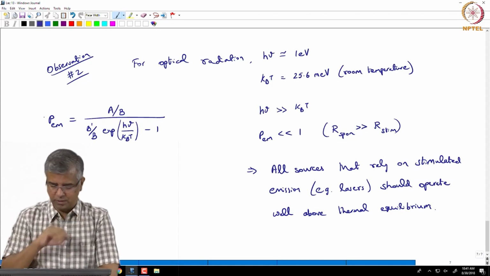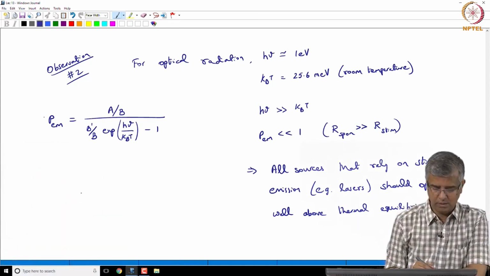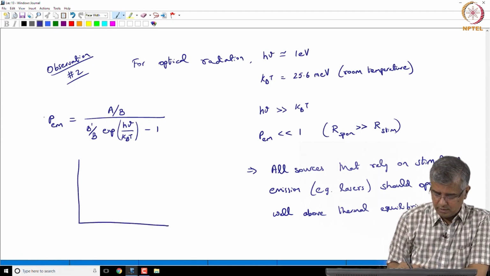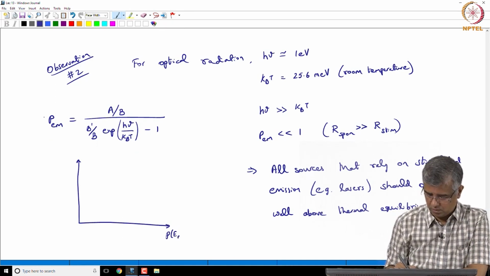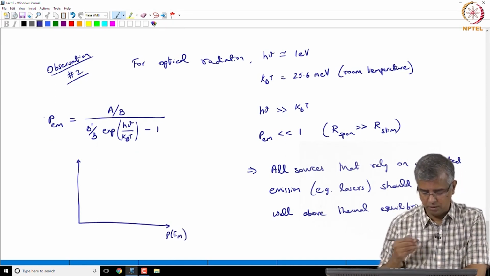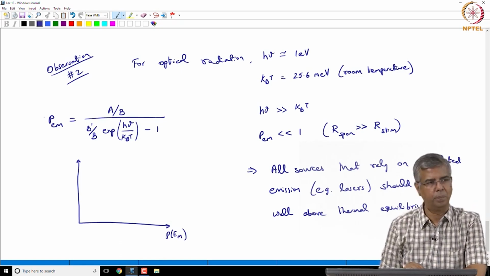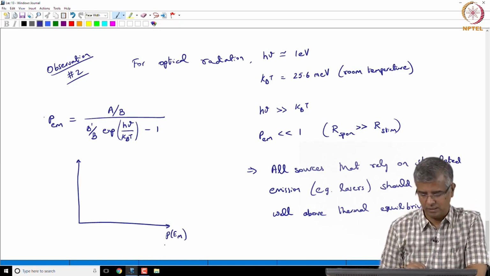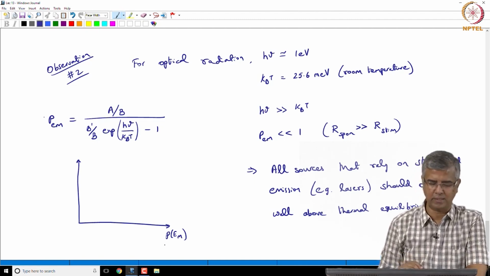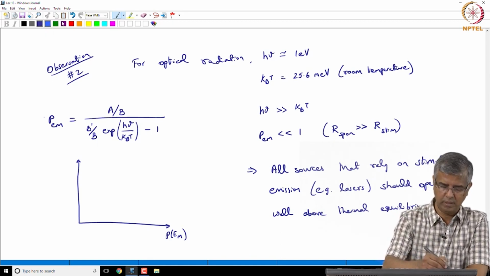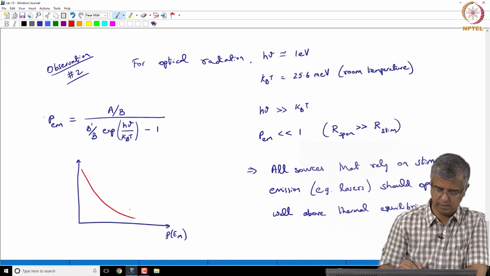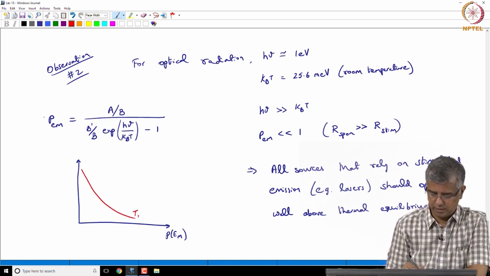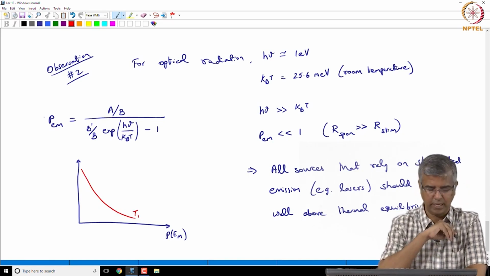And maybe we can look at this in a little more detail. Under thermal equilibrium, if we are looking at finding an atom at an excited state, it's going to be something like this at a temperature T1, right.